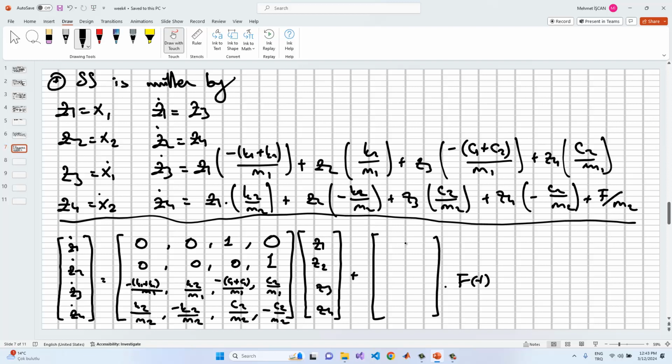And so what's the B matrix? The first row 0, second 0, third 0, fourth 1 divided by m2. Okay, and so this is our state space for the two mass spring damper system. It's the easiest way for building the whole equation in one form.